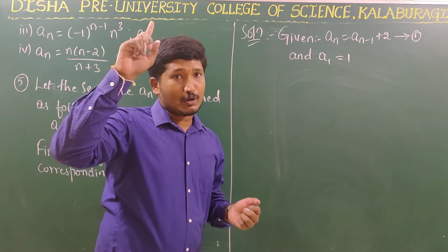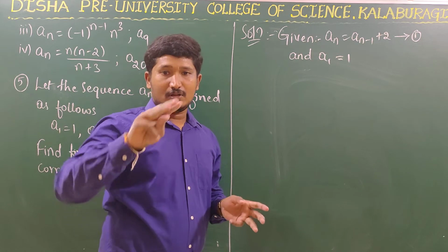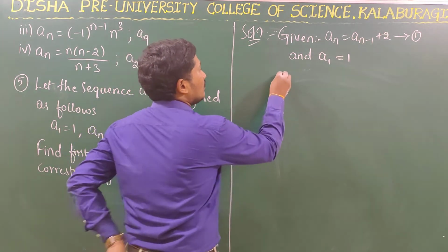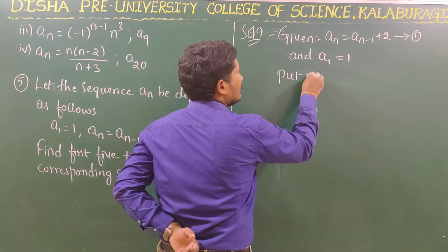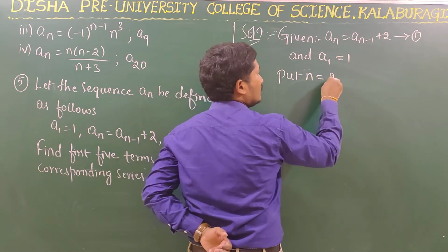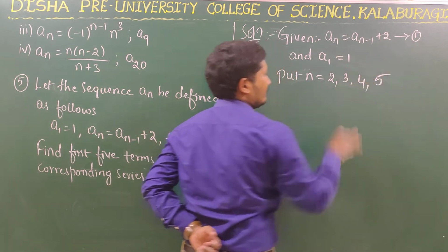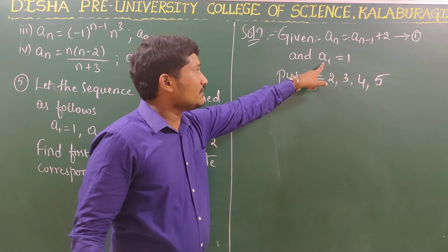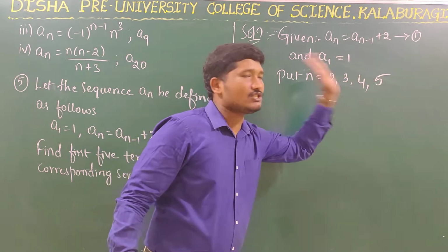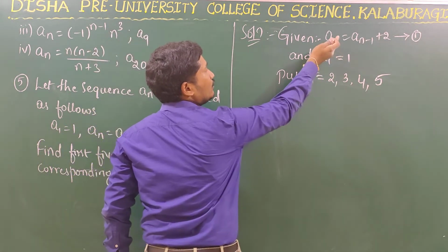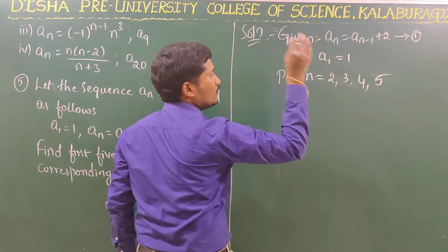In the first 2 problems we have already solved finding the first 3 terms or first 5 terms. So what we have to do is put n is equal to 2, 3, 4, 5. Why? Because the first term is given, we are finding the next 4 terms of the sequence. So substitute the value of n one by one in equation 1.